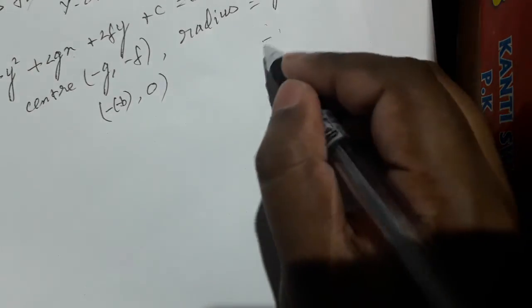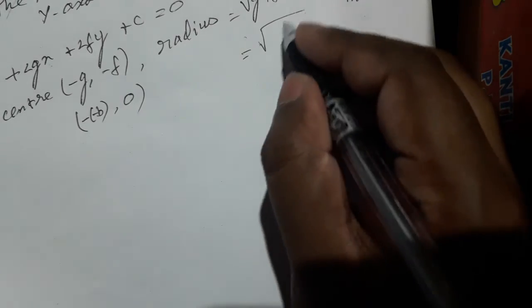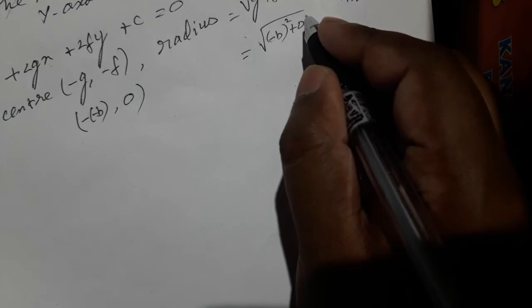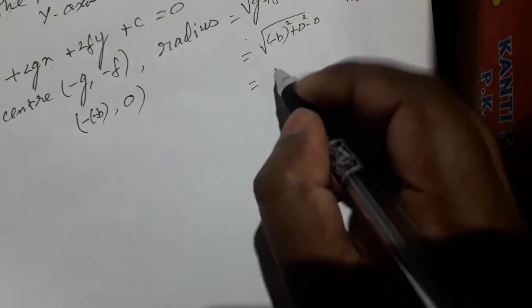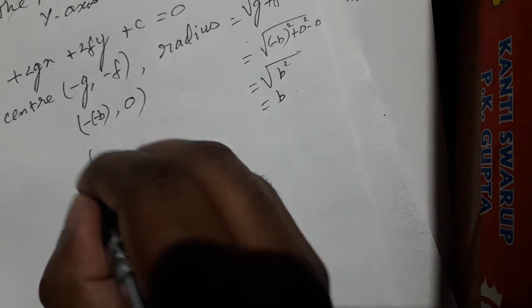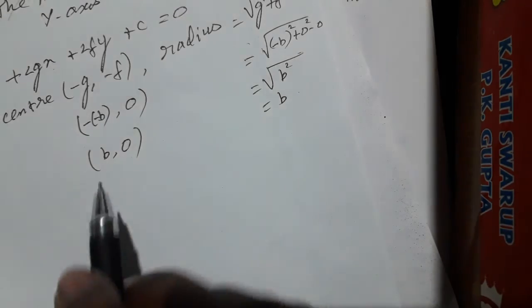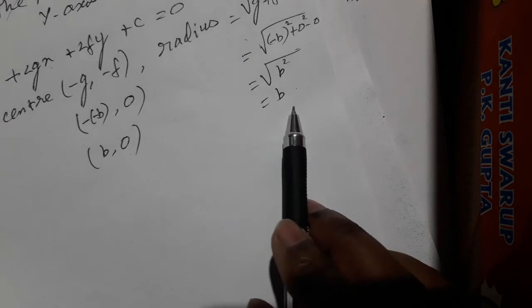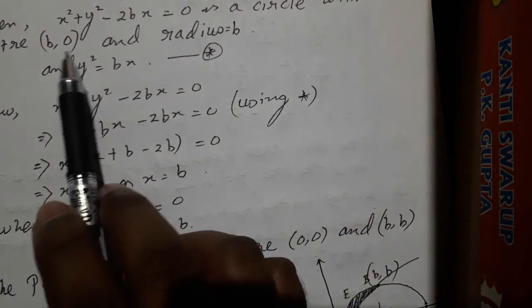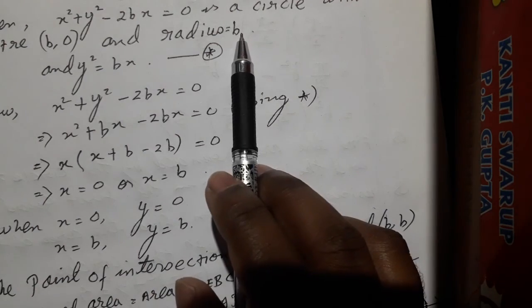In the same way, the radius will be the square root of minus b whole squared plus 0 squared minus 0. This is nothing but b squared under the root, which is equal to b, and the center we get as (b, 0). So we get a circle with center (b, 0) and radius equal to b.